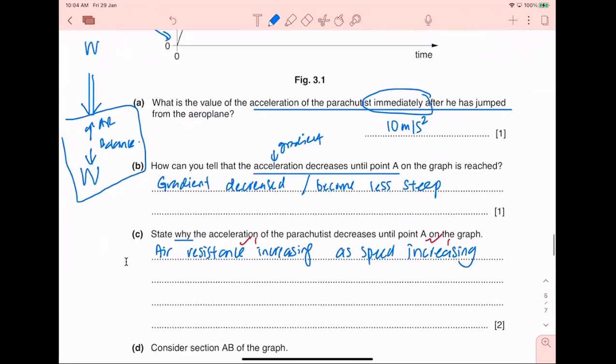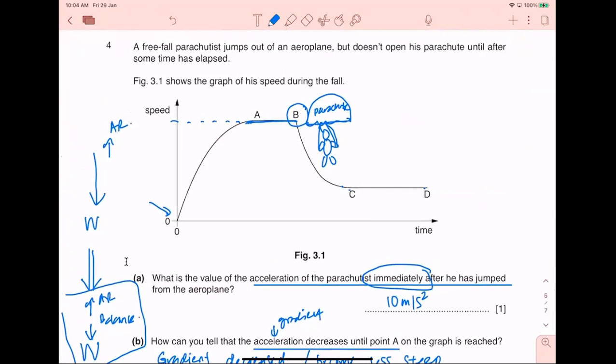When he opened the parachute, of course, the air resistance will be greater than his weight. But as he's falling down, bit by bit, he becomes stable. It means that weight balances with the air resistance.